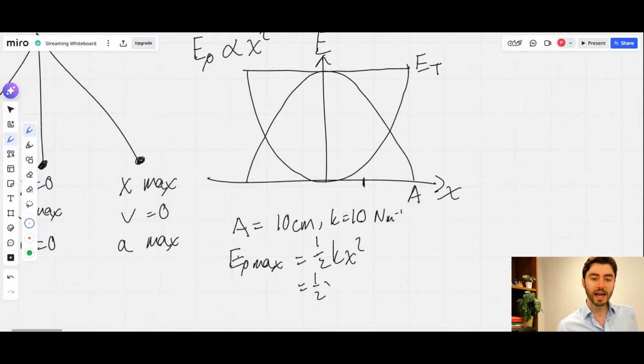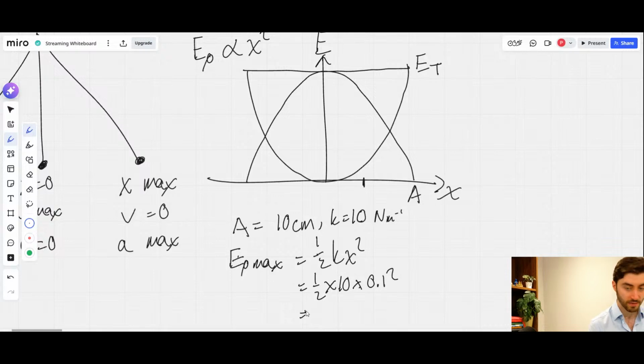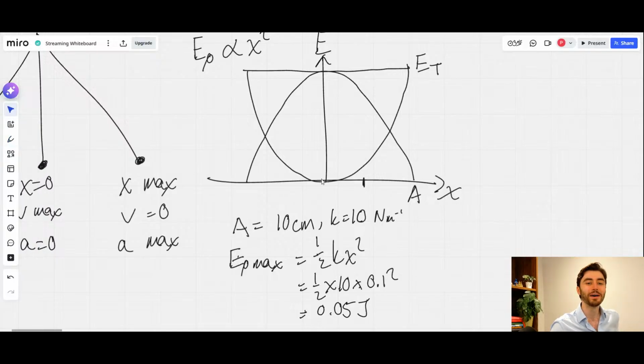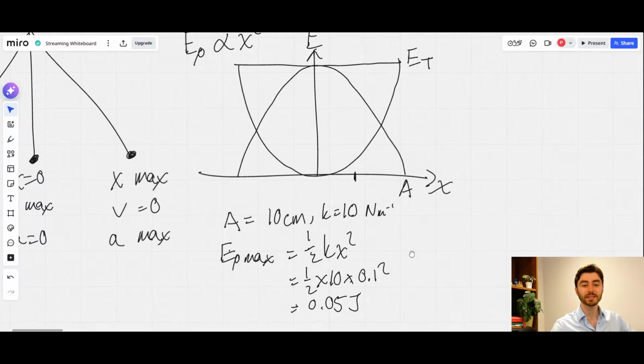The EP max would be a half times 10 times 0.1 squared, which would give me a value of, if I run that in my calculator real quick, 0.05 joules. That is therefore the same as the total energy.